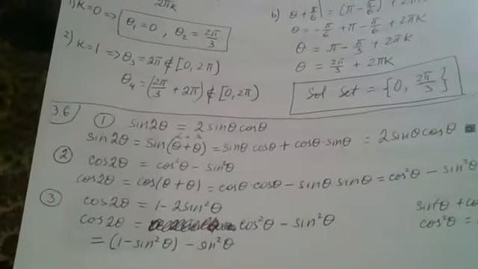Yes. So I'm replacing that cosine squared by, and I will even put this in parentheses, 1 minus sine squared theta, followed by negative sine squared theta. Correct?